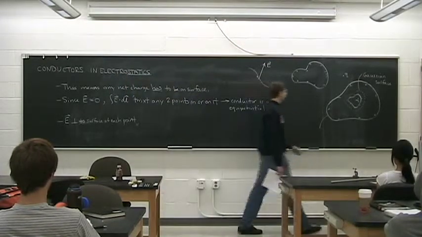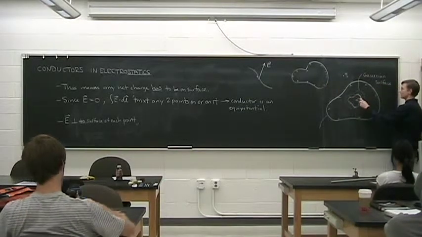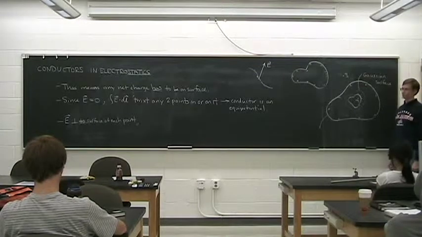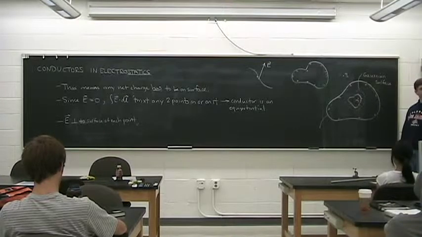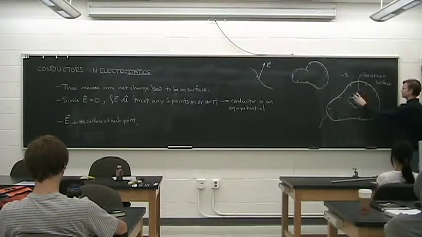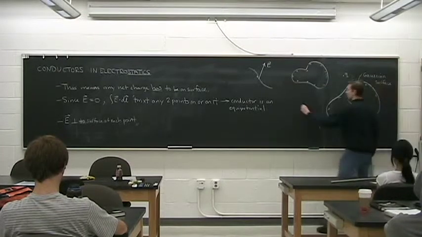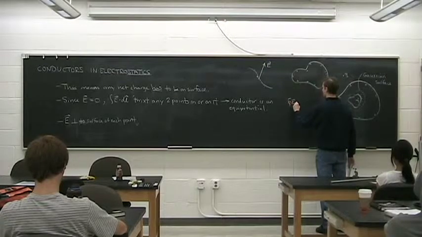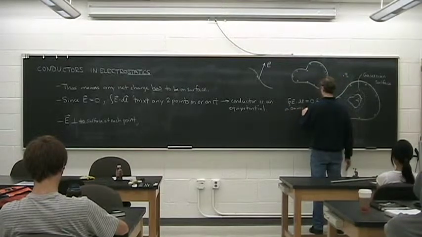So the magnitude of the total amount of charge on the surface of this cavity compares how to the charge inside the cavity? That would be equal and opposite, right? In order for there to be no charge enclosed, the total accumulated charge on the inner surface of this cavity has to exactly balance the charge inside the cavity. So E dot dA is zero for a Gaussian surface inside the conductor.